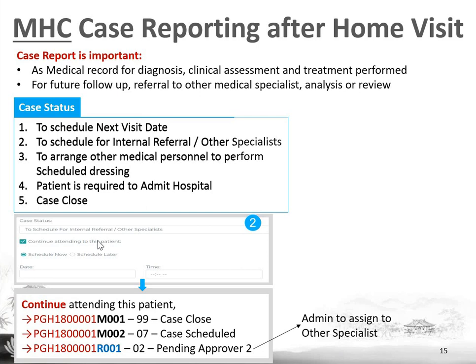Once the case report for subcase number M001 is submitted, it will branch out M002 for him to get ready for the next visit. But another new subnumber R001 will be created, as well as the status code 02, which is pending approval 2. It will then be brought to the admin's attention to arrange the physiotherapist to attend to this patient.